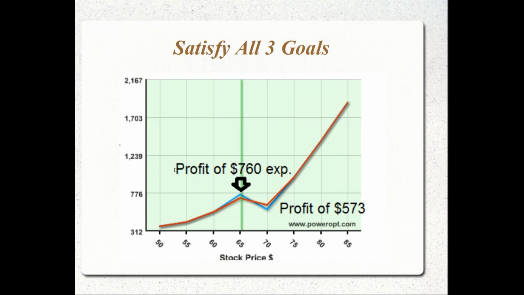So, adding back in the call, we bought a March 70 call here for 25, and we've sold the 65 call here at 90. Now think about that just by itself.